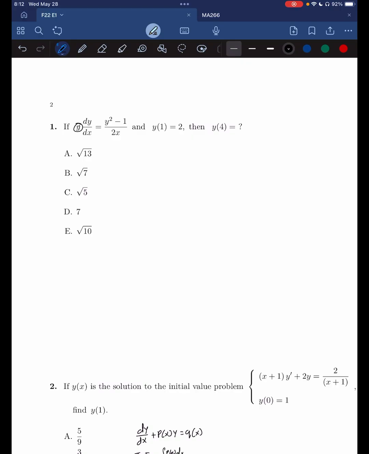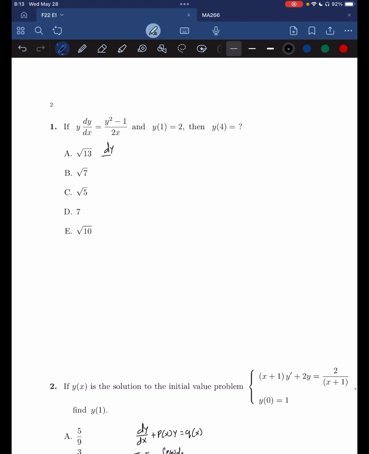You have your y multiplied with your dy dx, you have this 2x divided up here, and yes, you have a little bit of subtraction going up top, but this at the end of the day is just a constant and not a variable, which makes it easy for us to say that this is going to be a separable differential equation.